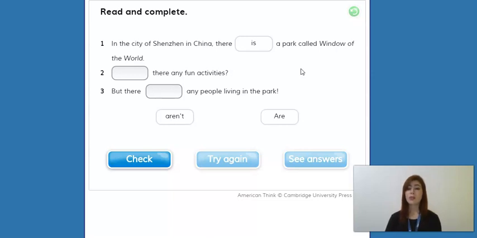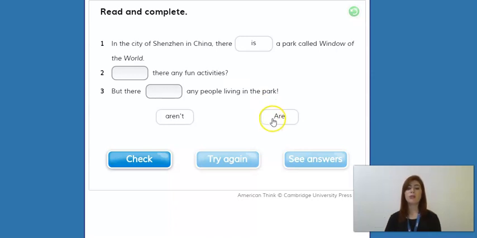Then number 2. Here we have a question. So to make a question using there is or there are, we have to do the same thing we did when we learned questions for present simple, verb to be. Okay? We take is or are, and then we put it in front of the sentence.